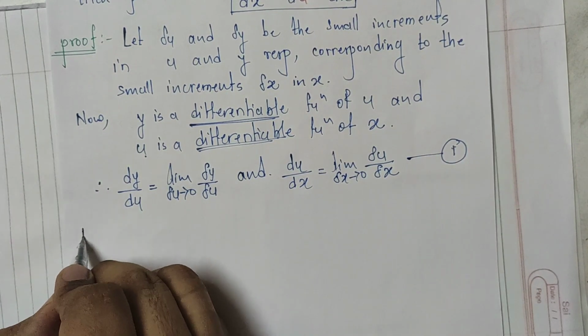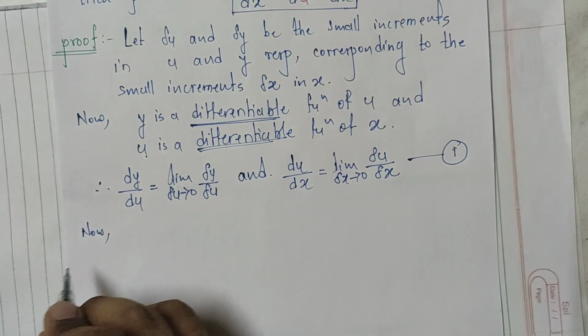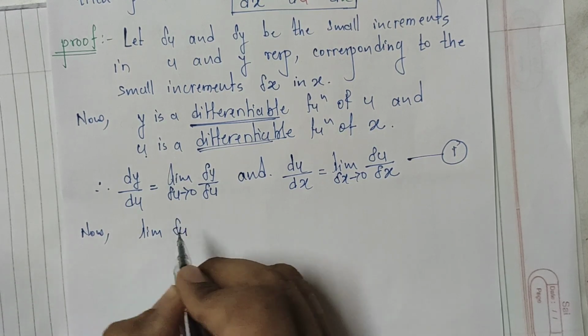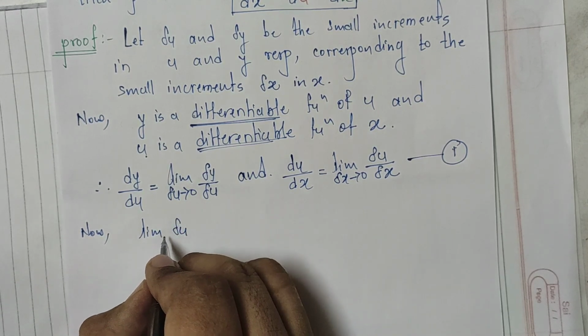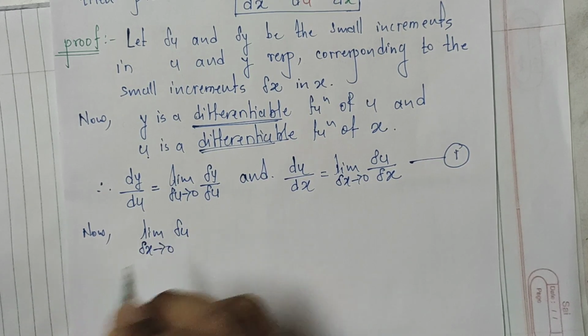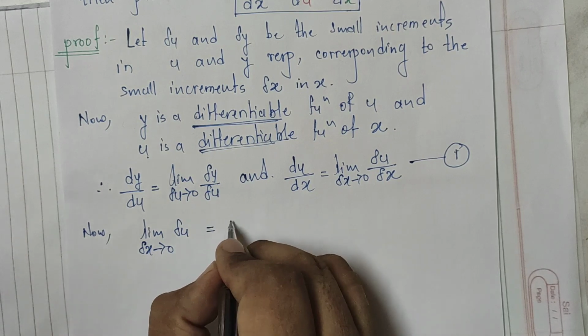Now I am finding one more term. Here we want to find the limit of delta u as delta x tends to 0.